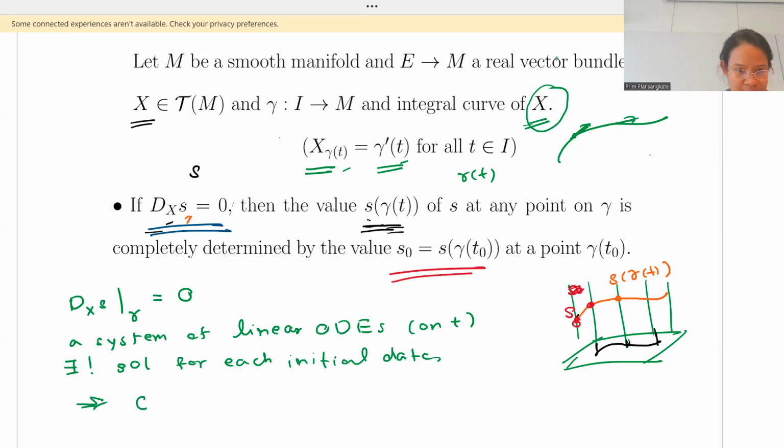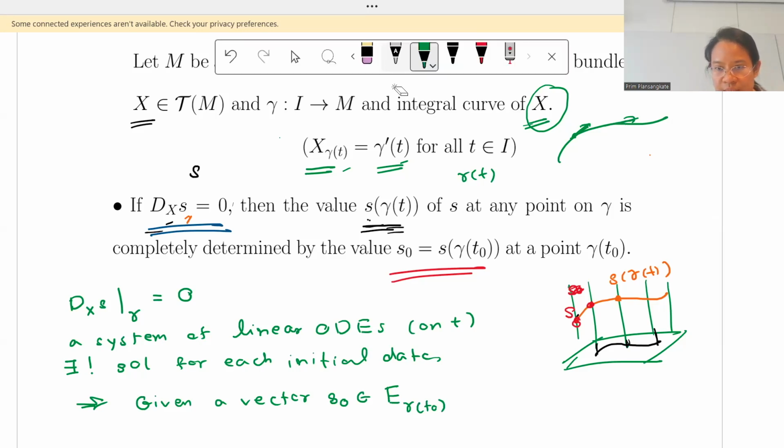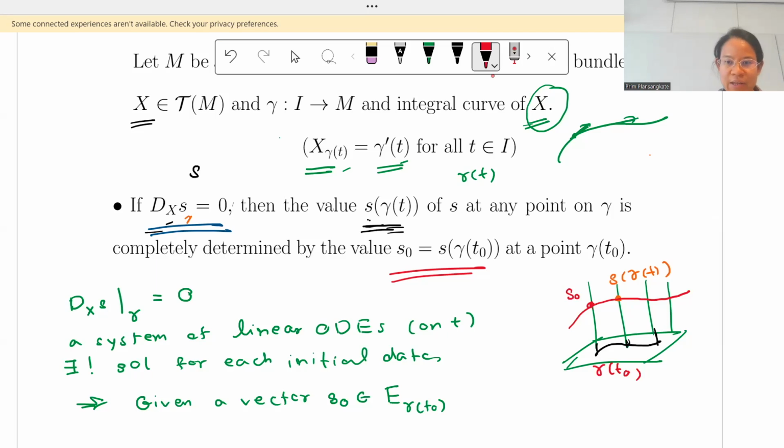So if we are given a vector S naught in a fiber of the bundle over a point on the curve, say gamma(t naught), and this is the fiber, and we pick a vector here and use it as an initial value, then there will exist a unique solution of this equation.